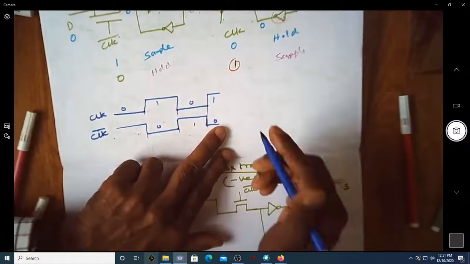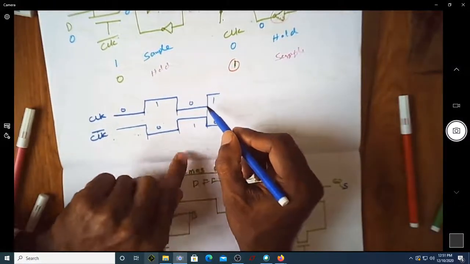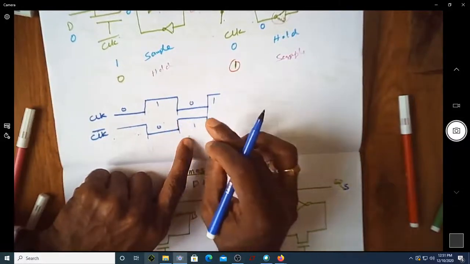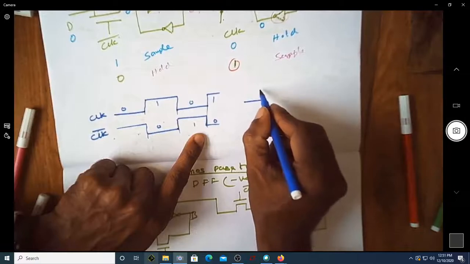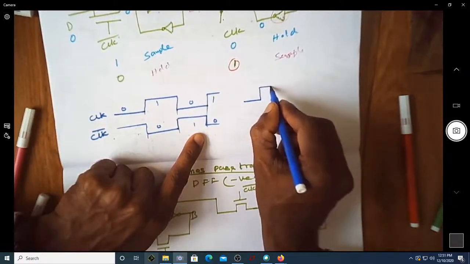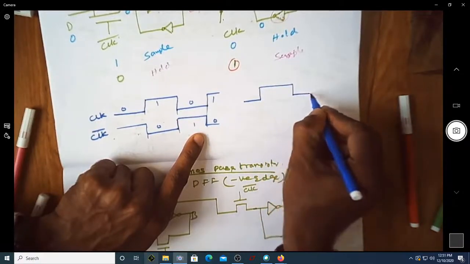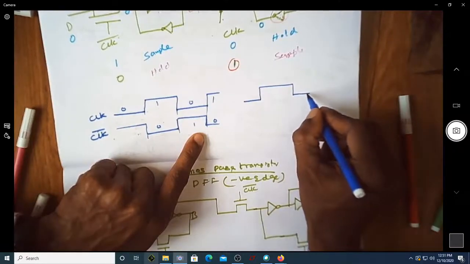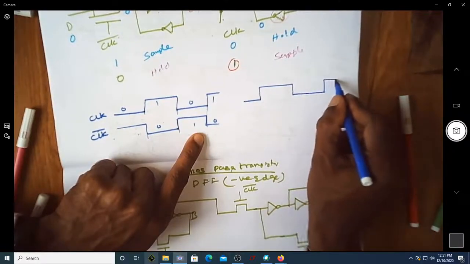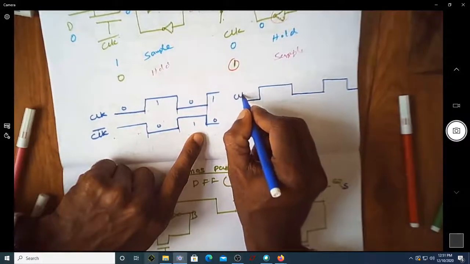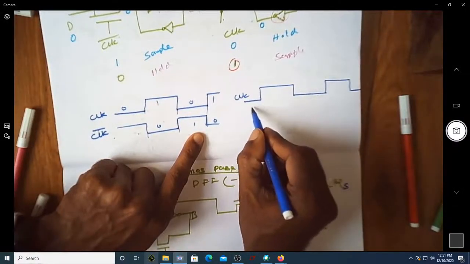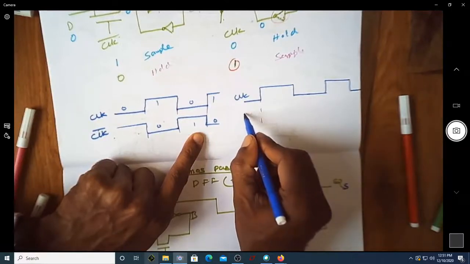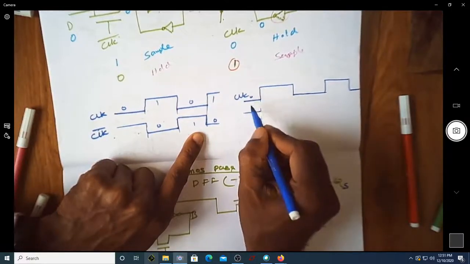But in the real sense, having this type of clock and clock bar is very hard to get. You may end up with a case where this is 0, and then this is now 1. Now this is the usual clock. Assume that your clock bar, which was 1 here, is now 0.